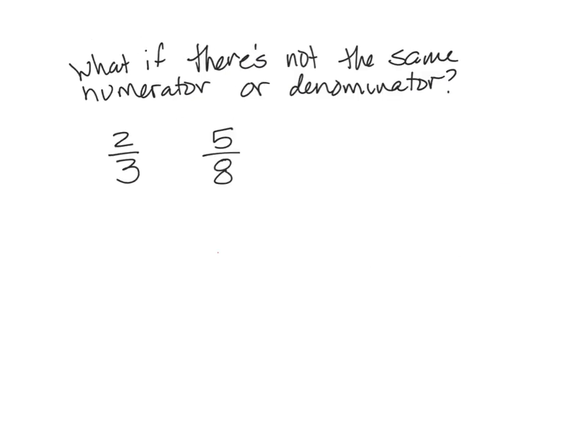All right, so what if they're not the same numerator or same denominator? What do I do then? Well, remember, you have control over cutting these up the way you need to so that they can be cut the same way. And the skills we use for that are LCM to get that lowest common denominator. So if I counted by 3 and counted by 8, or just multiplied them by each other, doesn't matter if it's the lowest one, we could just use a common denominator.